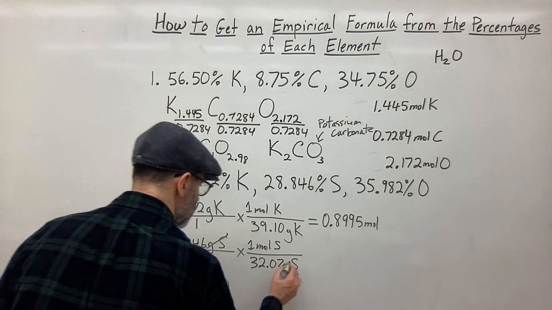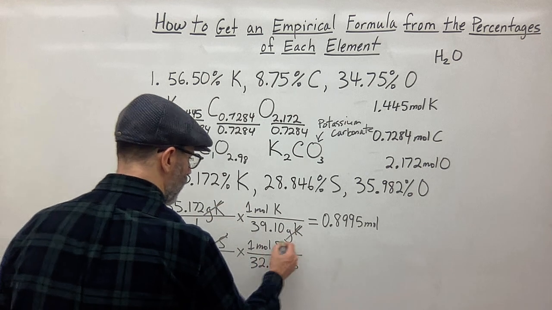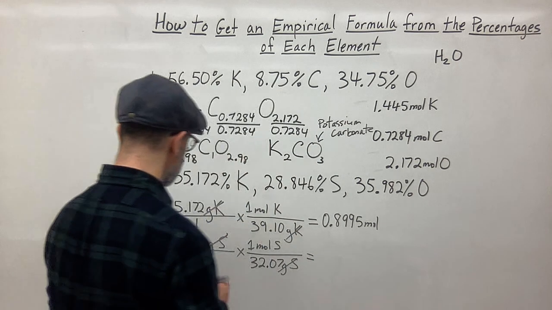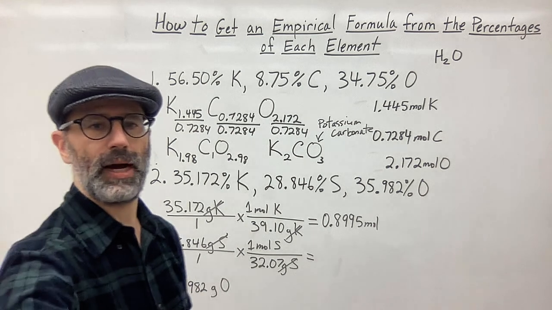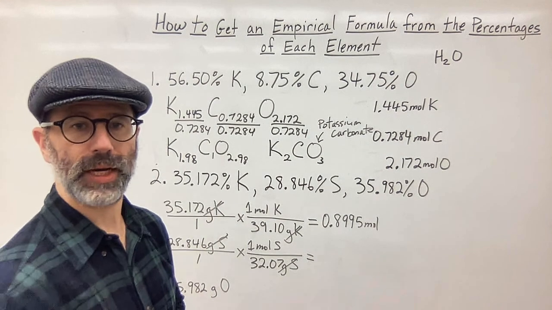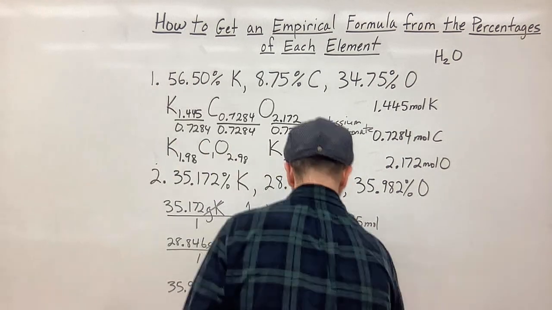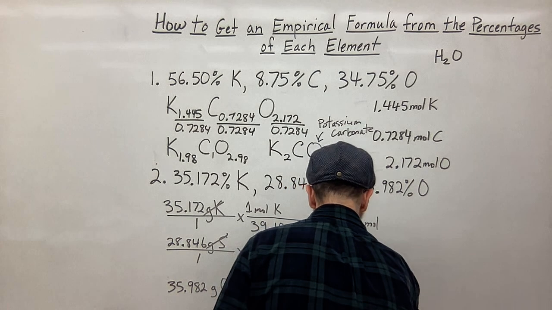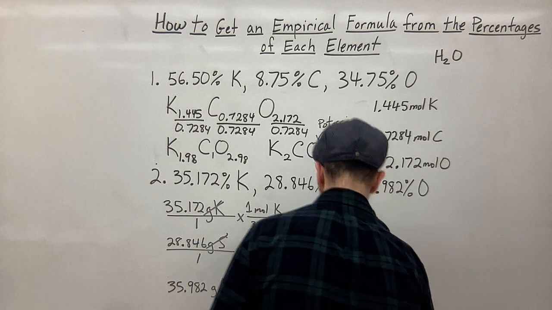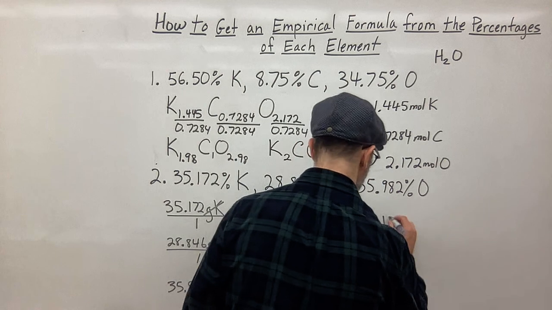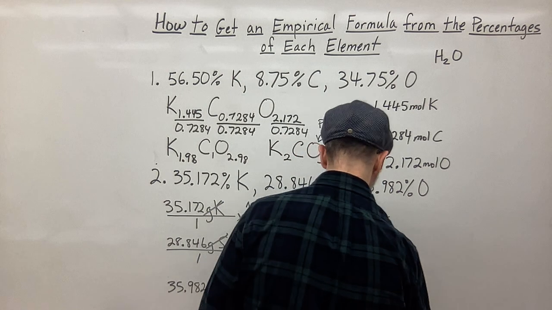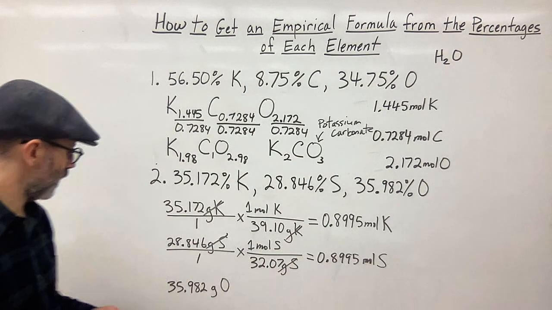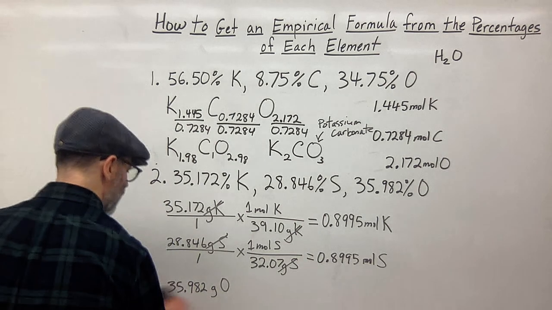The grams cancel out here. I forgot to cancel out the grams. So I have moles of sulfur. When I calculate the moles of sulfur, I get 0.8995 moles. Here I got moles of potassium, moles of sulfur. Okay, so I got equal moles here. That's interesting.